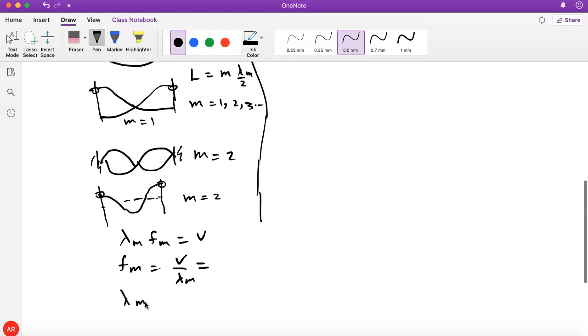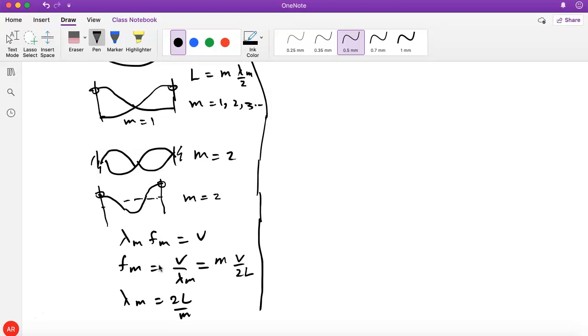Lambda m from here is 2L over m. So 1 over lambda is m over 2L, and that's going to be m v over 2L. So we see that the allowed frequencies for fixed-fixed and free-free are the same.